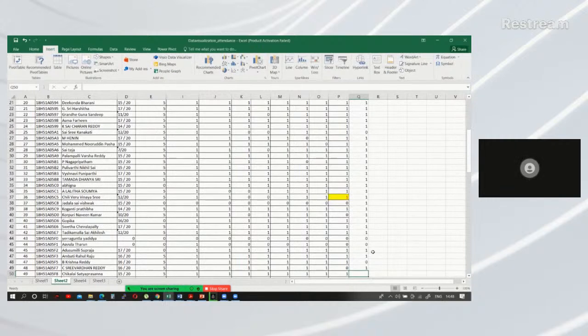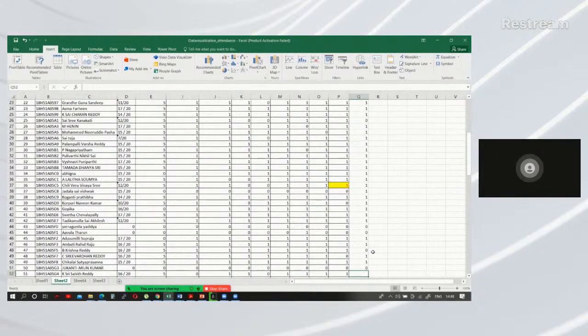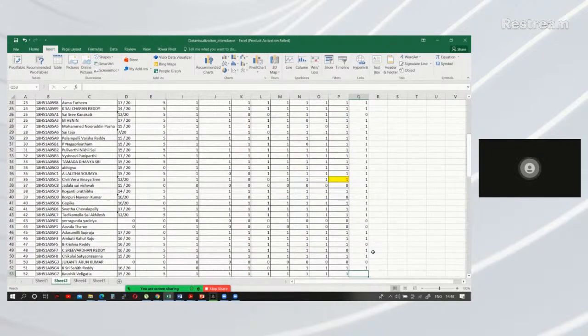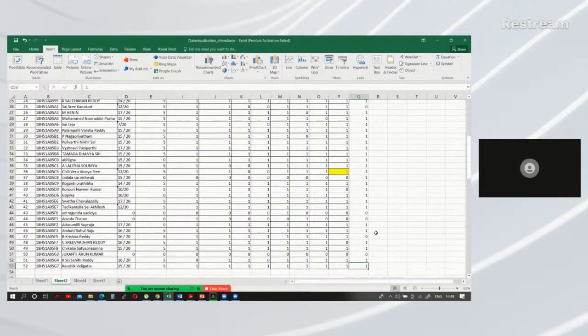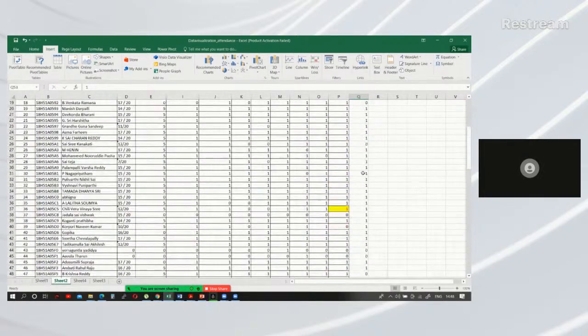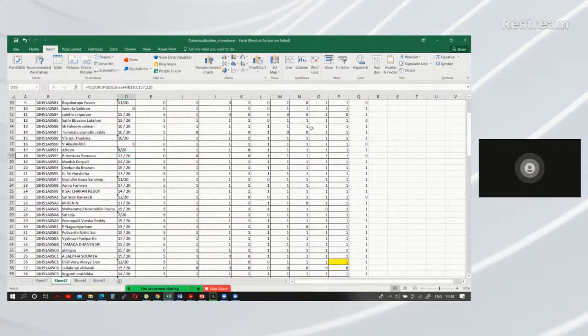F8, present, sir. G3, G4, G7, present, sir. 585. 592 present. 581, sir, just a second. 591.